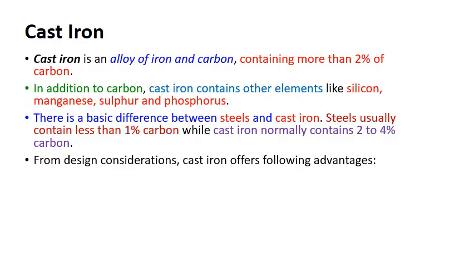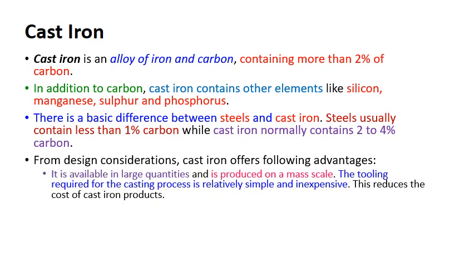So we basically use steels and cast iron. So let us look at some of the advantages and the disadvantages of cast iron from the design point of view. Okay, the first thing, yes, it is available abundantly. As a consequence, you can produce products on a mass scale. The tooling required for casting is very simple and inexpensive. Right? Simple foundry tools can be used.